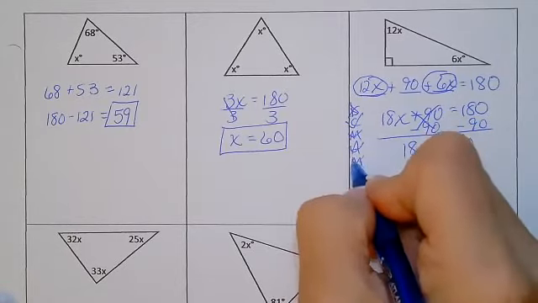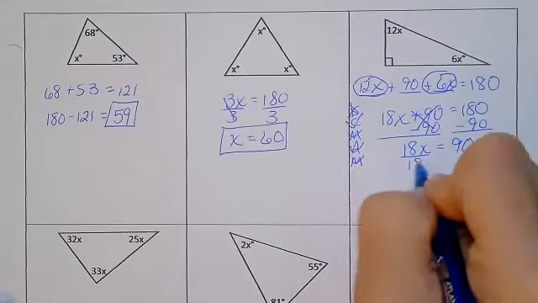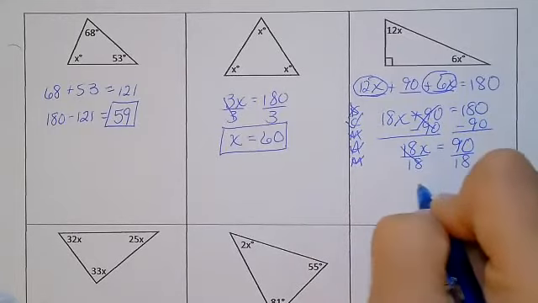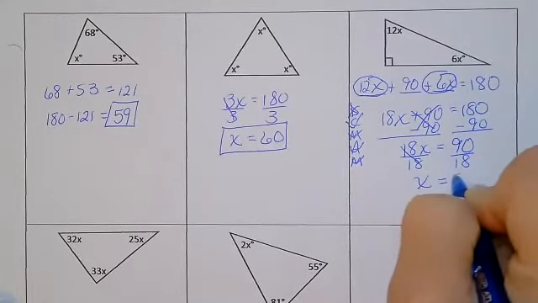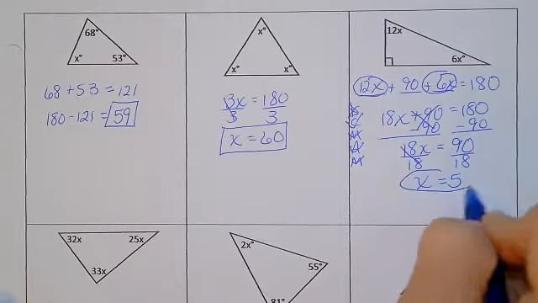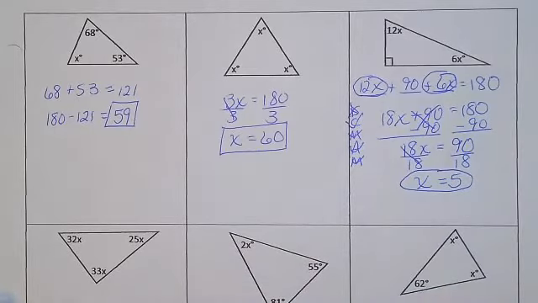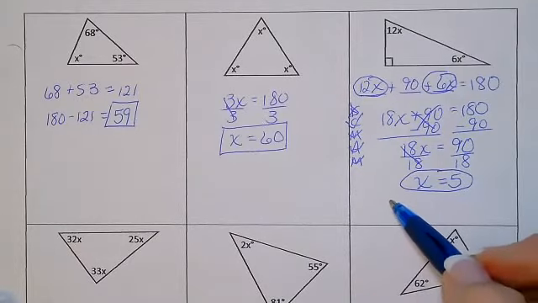Okay, done with that. Now we need to multiply or divide. I'm going to divide both sides by 18, and x equals 5. All right, now I need to substitute to find my missing measures.